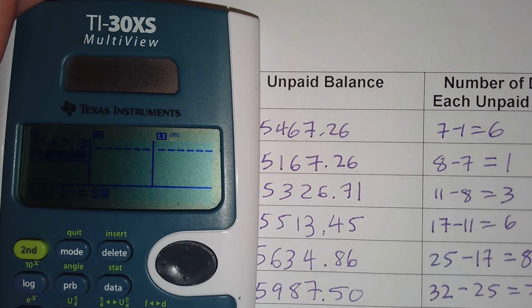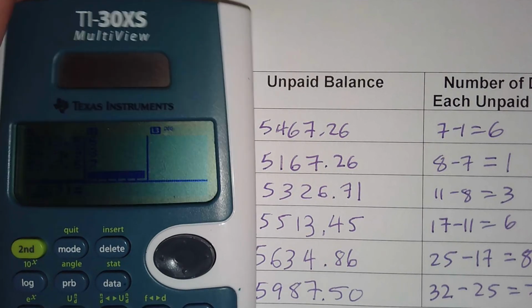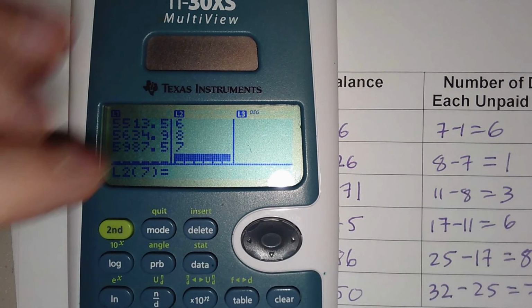And just start entering the numbers into my calculator. And then I'm going to hit my right arrow again. In the next column we have 6, 1, 3, 6, 8, and 7.